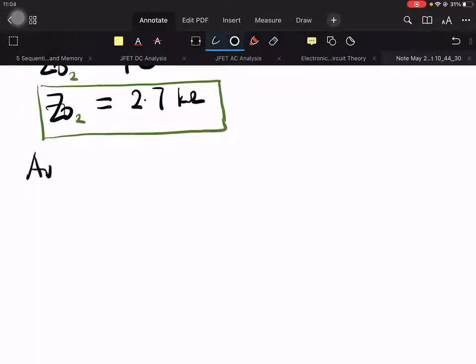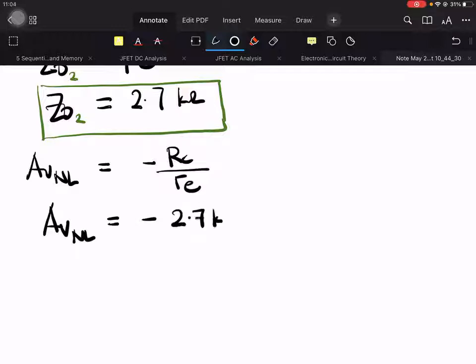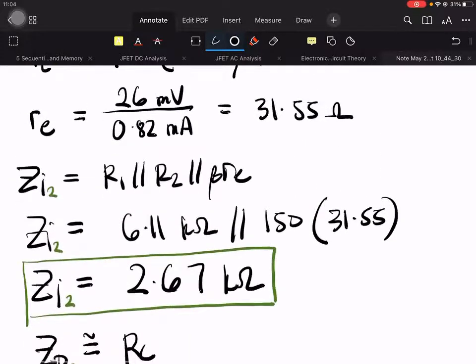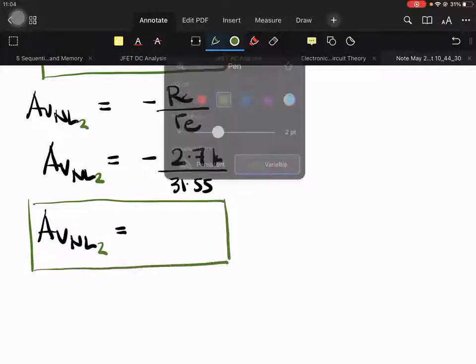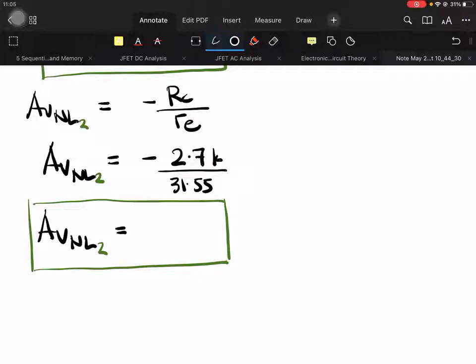Last, AV and L is RC over RE, at 1.55... 84.54, more or less.